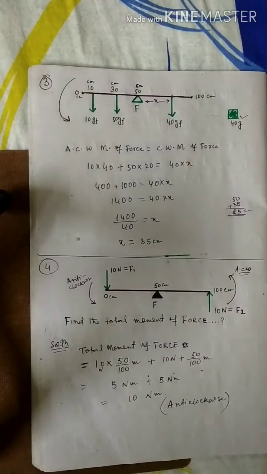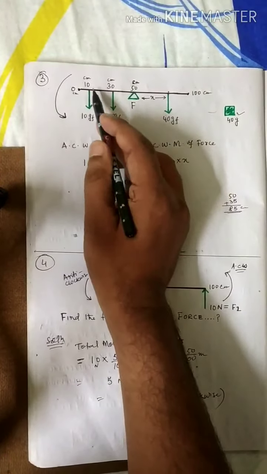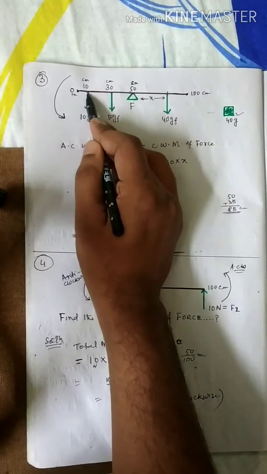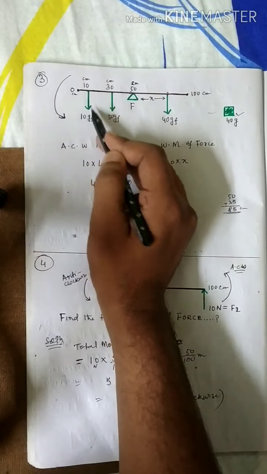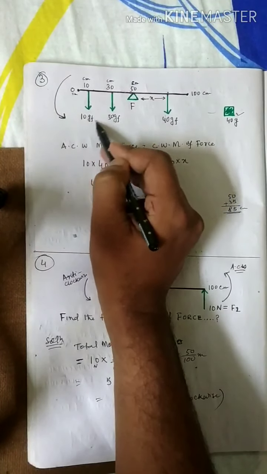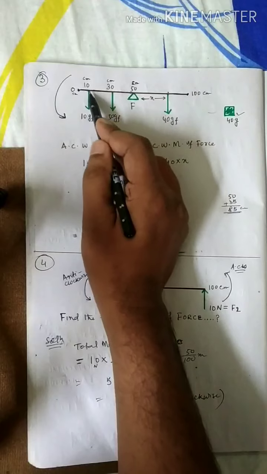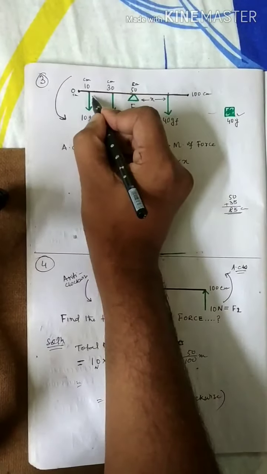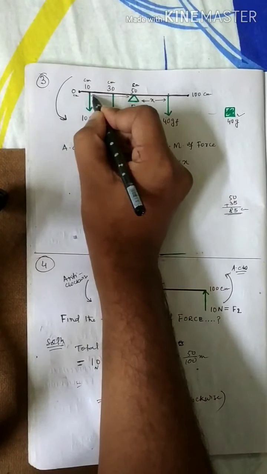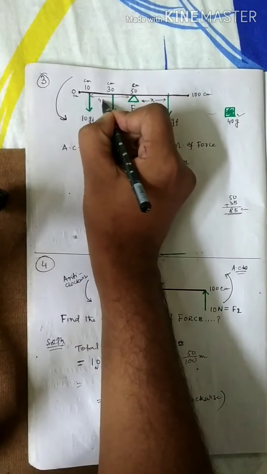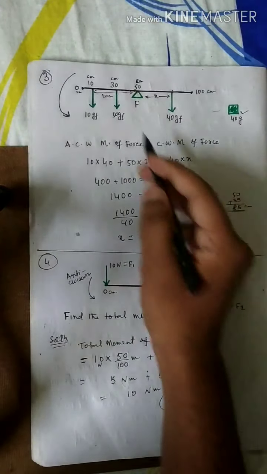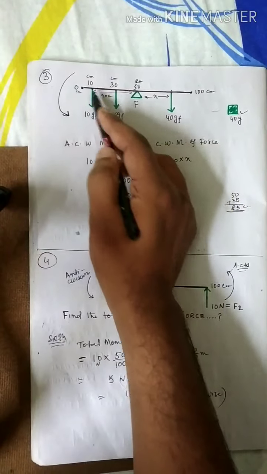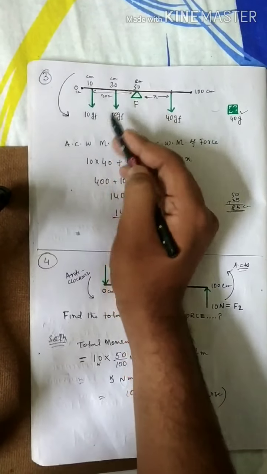So on that side, two moments of force act. First, 10 gram force is put here. From here to here, how much distance? 50 minus 10, 40 centimeter. So the moment of force at this point is 10 into 40.